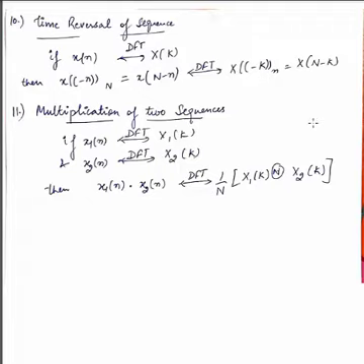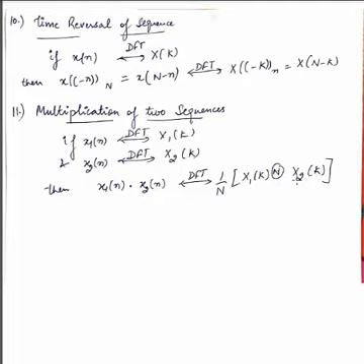Next, the last property is multiplication of 2 sequences. It states that if the DFT of x1 of n is X1 of k and the DFT of x2 of n is X2 of k, then the DFT of the multiplication of the 2 sequences is equal to 1 over N times X1 of k circular convolution X2 of k.